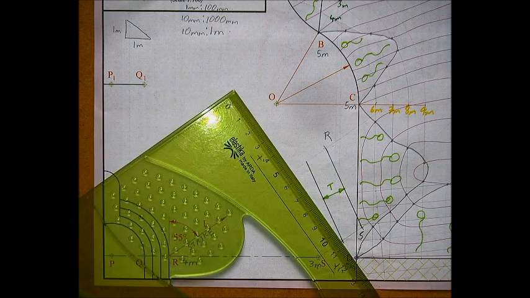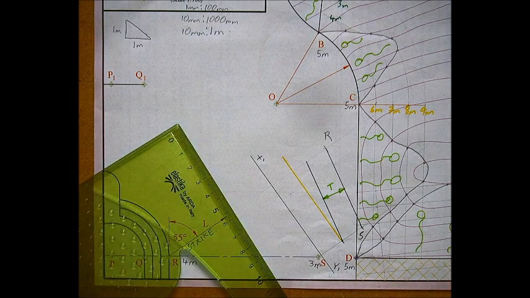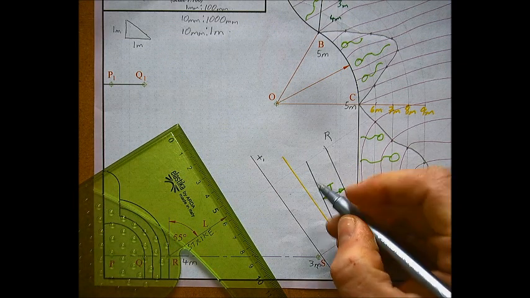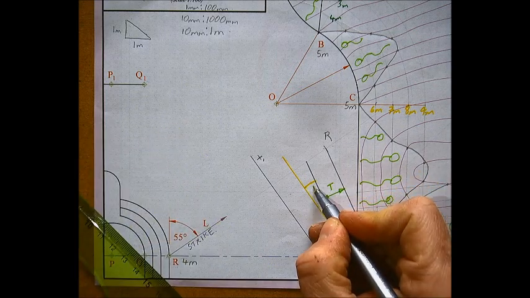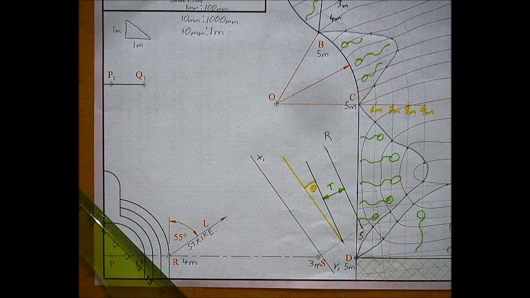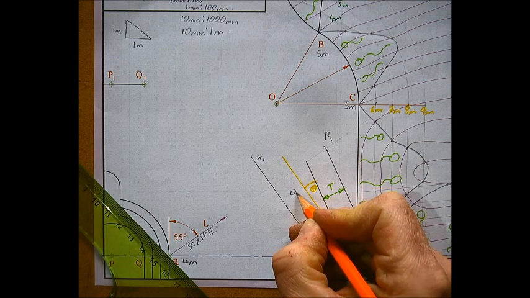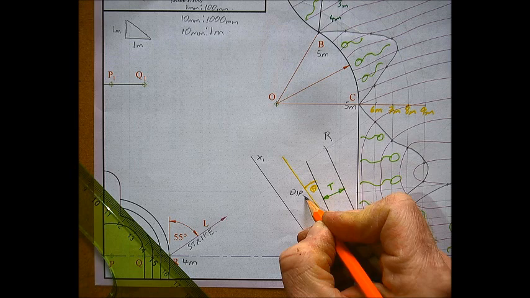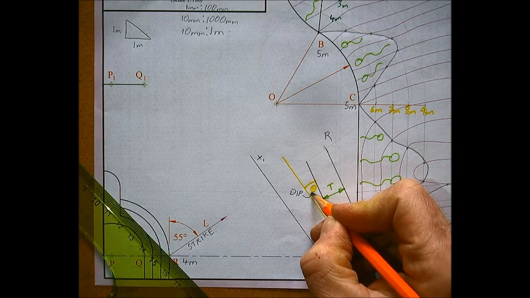So we can draw a line out there at an angle like that, and that angle from there to there is the dip of the swimming pool. I'm just going to mark that in as the dip. And that is our thickness, and that is the dip of the swimming pool there.